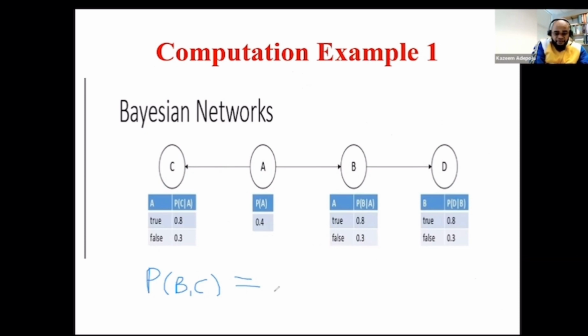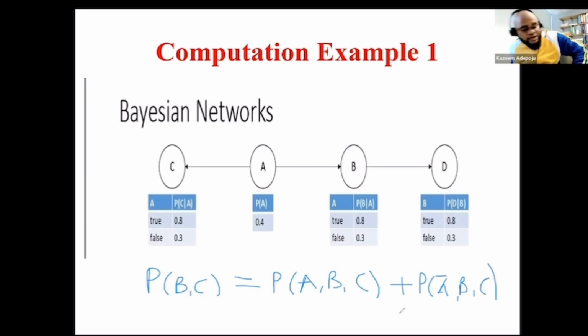So don't forget, if you really want to solve that, you're first going to consider A, comma B, C, plus A complement, comma B, comma C. And you're basically going to follow the idea that I used in class.